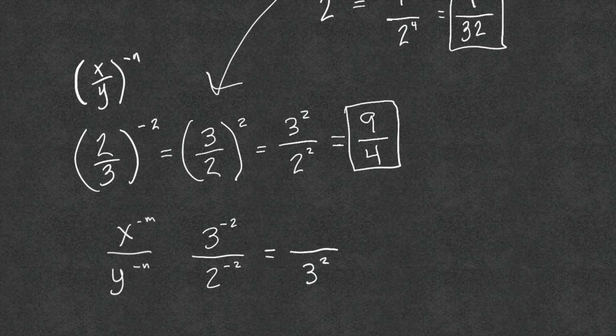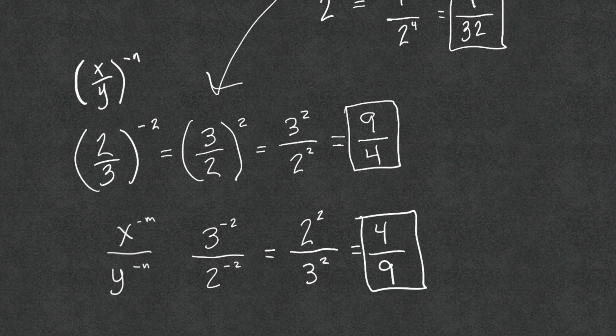So now I have this, and that denominator of 2 raised to the negative second power needs to move to the numerator. Okay, then I have this as my answer, simplified as much as possible.